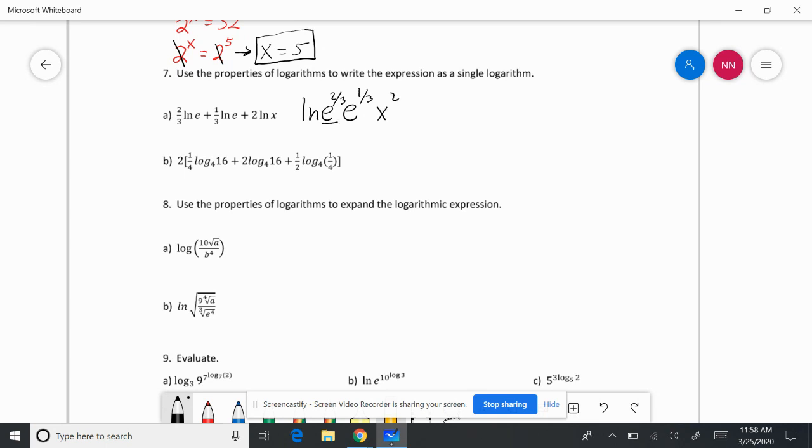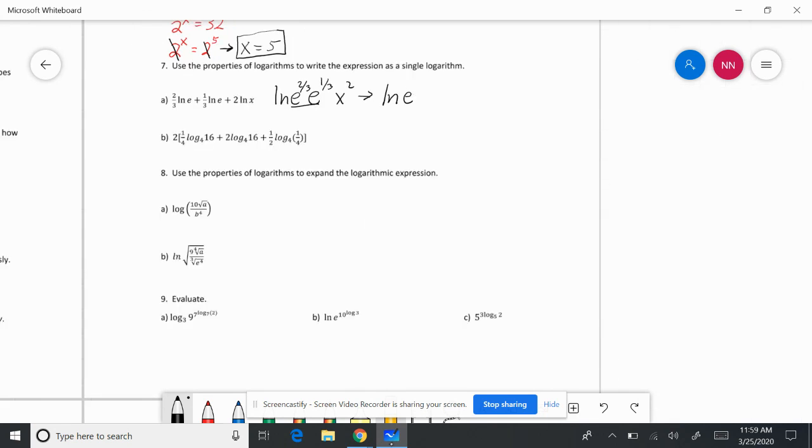Now notice that we have two of the same base, so that's natural log of e to the, if we add the exponents, that would become 1, and then x squared. Now, e to the 1 is just e, and natural log of e becomes just 1 because it has a common base. So we have 1 plus natural log of x squared.